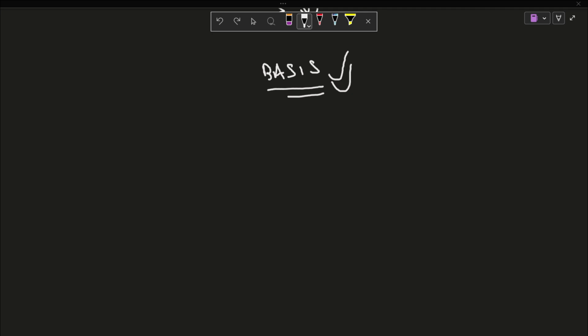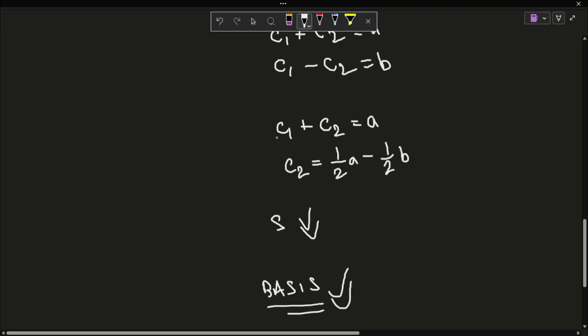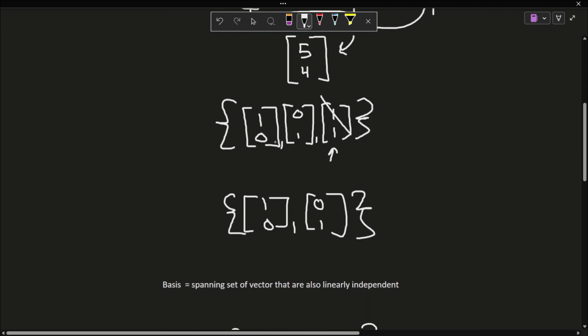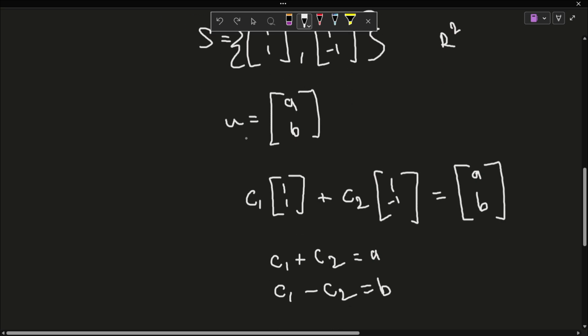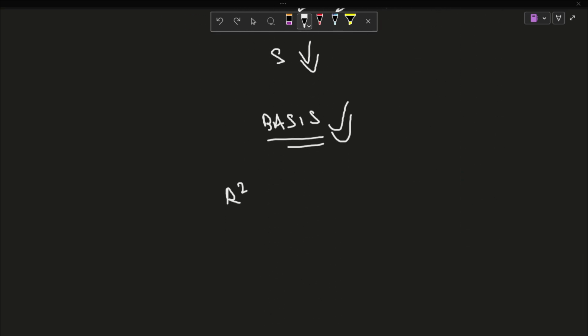So in particular, we can say that something like R2, which we've seen, is finite dimensional because it has a basis with two vectors. So this is a basis, okay? Or even this is also a basis. So since we have a basis with two vectors, that means that it's finite dimensional.